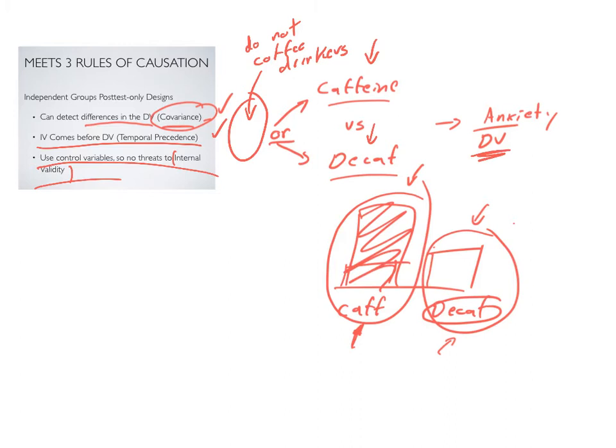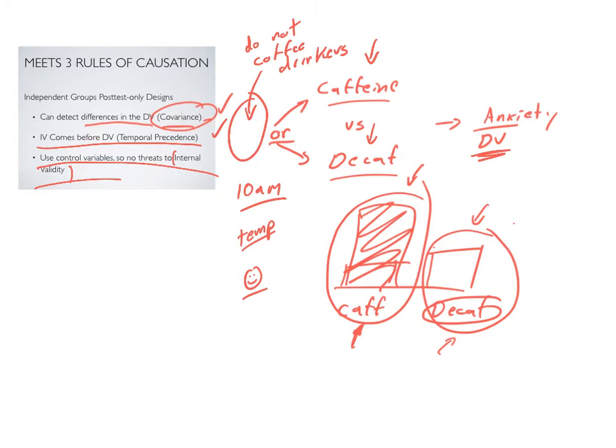Maybe I'm also worried about time. So you know what? I'm going to make them all go at 10 a.m. for everyone to make sure that time is not going to impact anxiety. I'm going to make sure temperature might not influence anxiety. But you know what? Maybe I want to make sure they all have the same type of researcher in terms of how friendly they are.